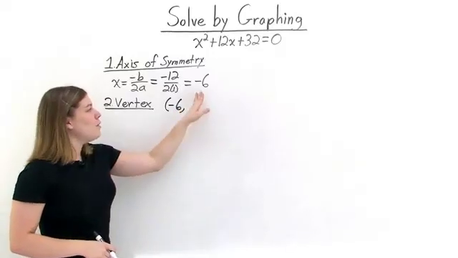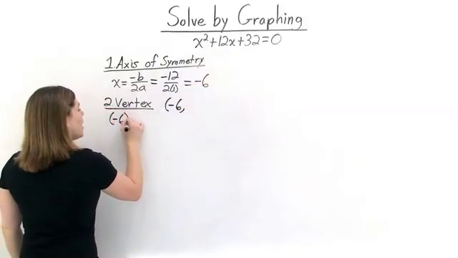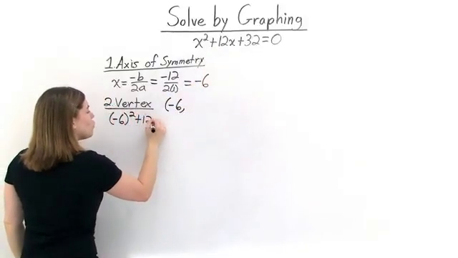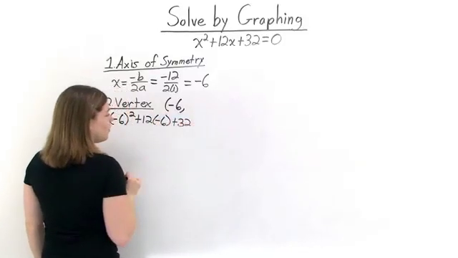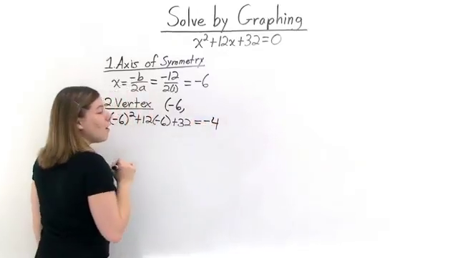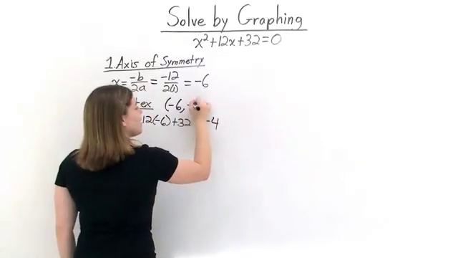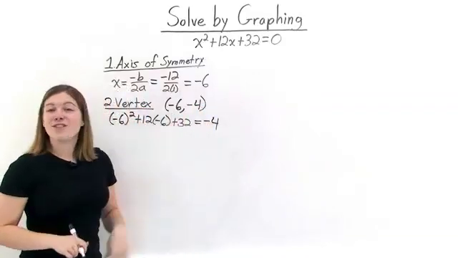To do that, we take negative 6 and plug it into our expression. So we have negative 6 squared plus 12 times negative 6 plus 32. When we simplify this expression, we get negative 4. That means when x is negative 6, y is negative 4. So our vertex is negative 6 comma negative 4.